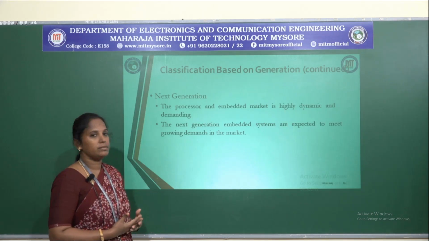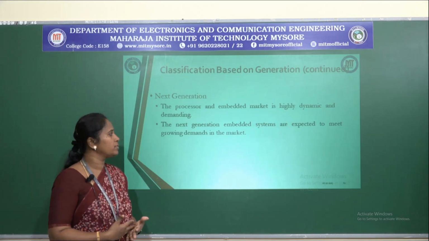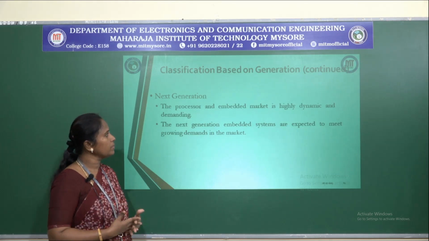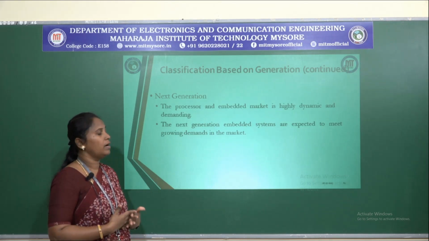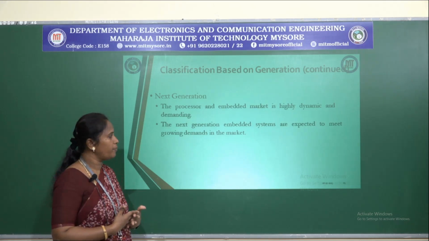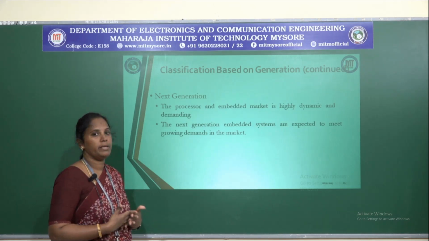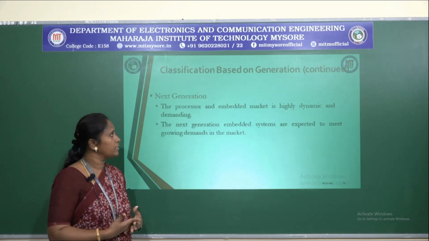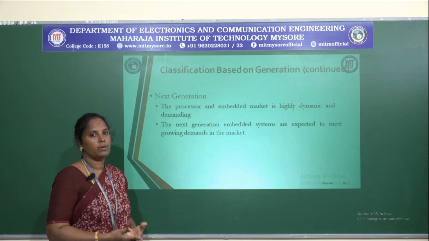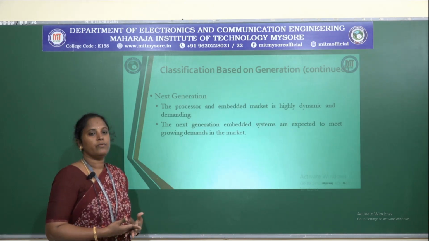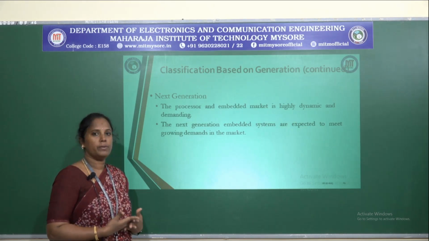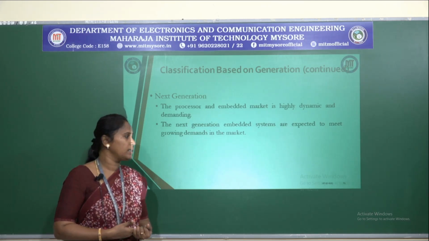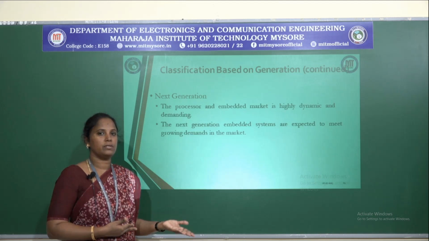Next, the next generation is nothing but the present generation, what we have now. Here embedded systems have played a major role in many application areas, and the next generation is nothing but the 5th generation, which is running now. Here the data movement and the processing speed have increased compared to the 4th generation.